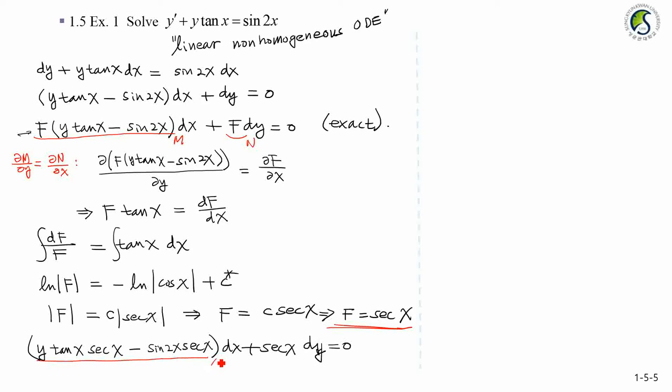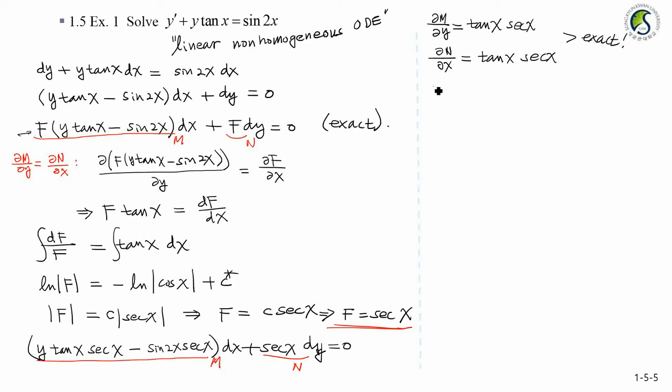This term is M, this term is N. So dM over dy equals tangent x secant x. dN over dx: the derivative of secant x from the integration table is tangent x times secant x. They're the same, so it's an exact ODE.